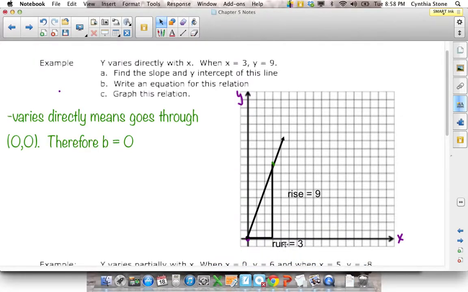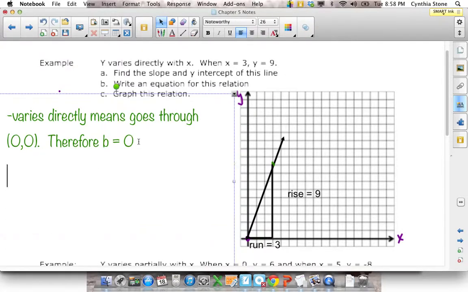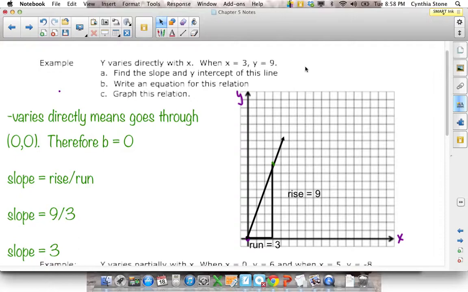So that means my slope is rise over run, so it equals 9 over 3, or 3. Okay? So I know my slope. I know my y-intercept. I can now write the equation.